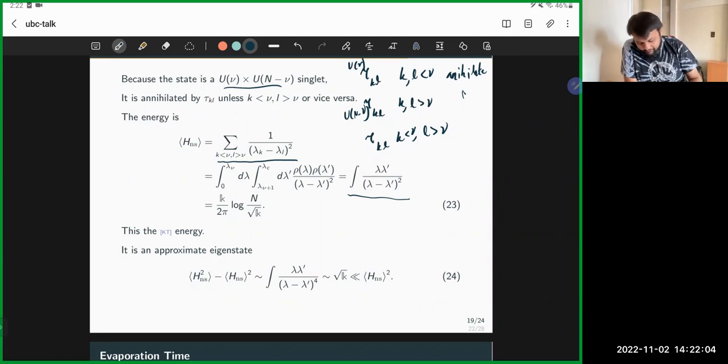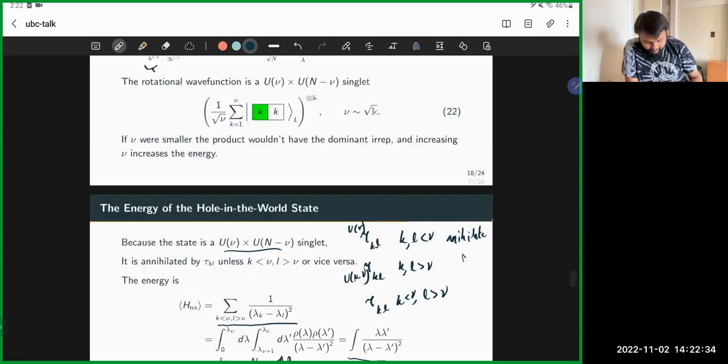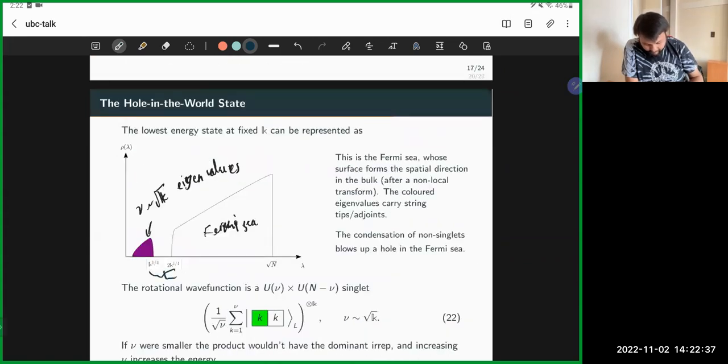So the IR part gives an n log n, and the UV part gives the distance between the closest colored and uncolored eigenvalues. Okay, in this case, the distance is order k to the 1/4.